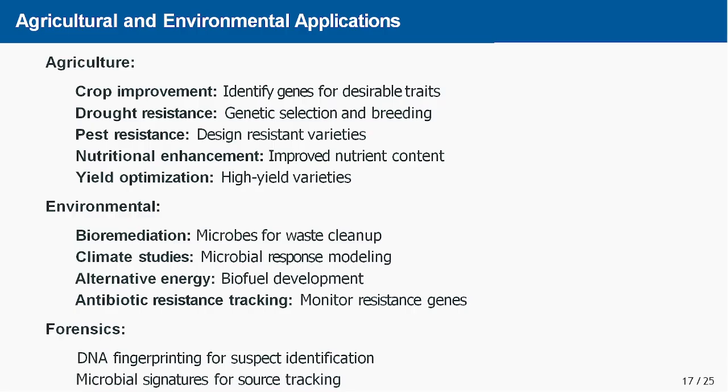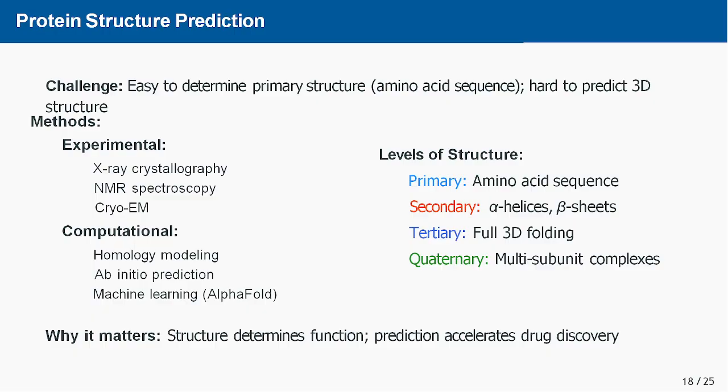Then environmental bioremediation, climate studies from microbial response, alternative energy from biofuel development, antibiotic resistance tracking by monitoring resistance genes, forensics with DNA fingerprinting for suspect identification, and microbial signatures for source tracking. Multiple applications are there.